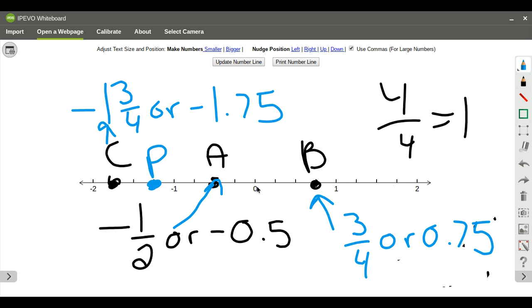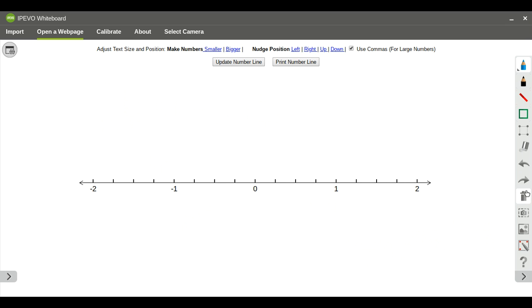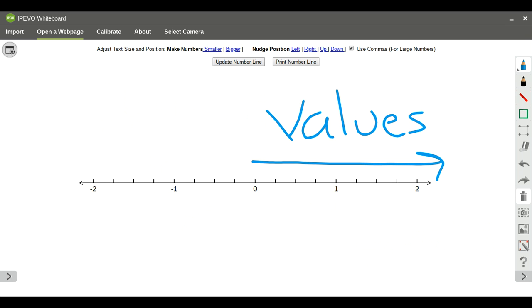The big thing to remember is that as I go right, the values increase. So as I'm moving right on my number line, the values are greater. Sorry, not less than, greater than.